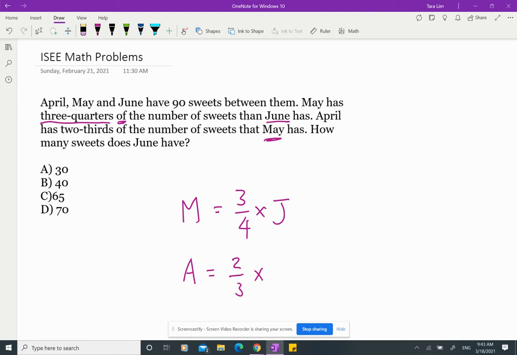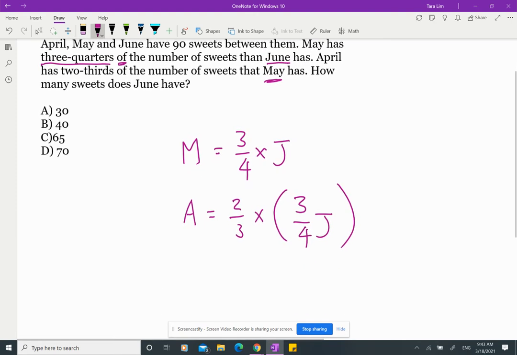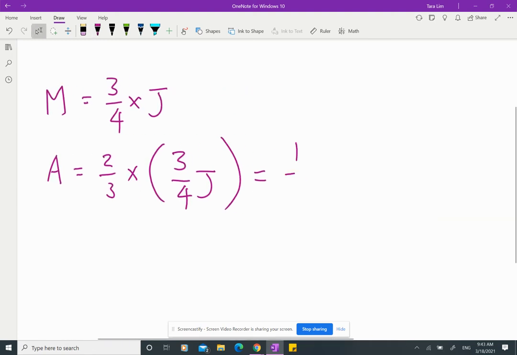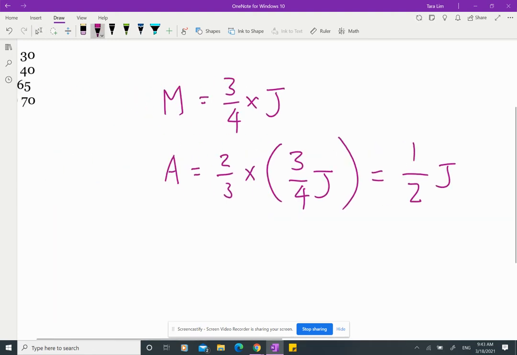So we know that May is 3/4 J. So 2/3 times 3/4 J, if we times them, will give us 1/2 J.